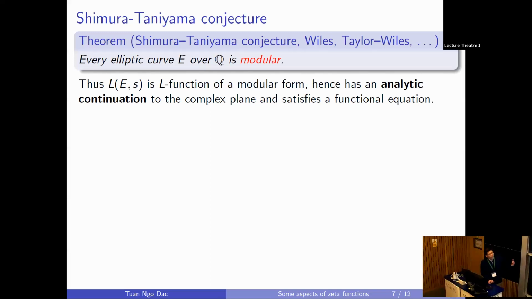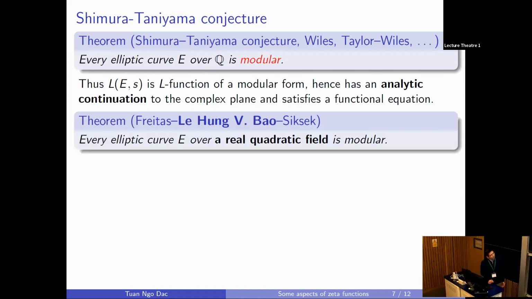And then people tried to generalize this modularity theorem. So we have the work of Freitas, Le Hung, Siksek, which proves that every elliptic curve E, now not over Q but over a real quadratic field, is modular.